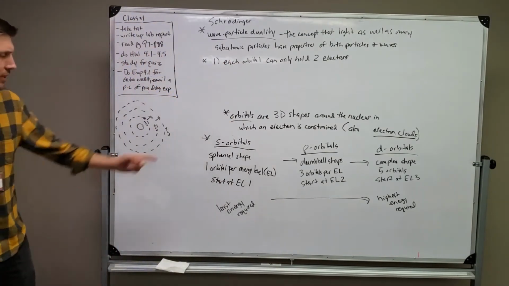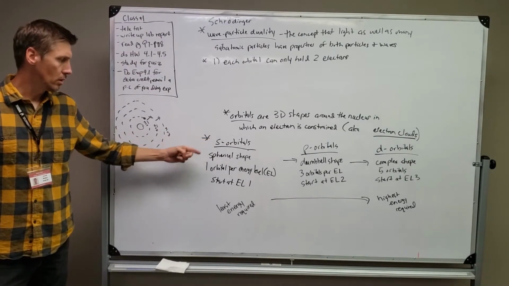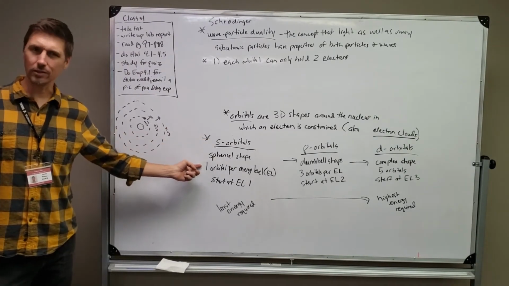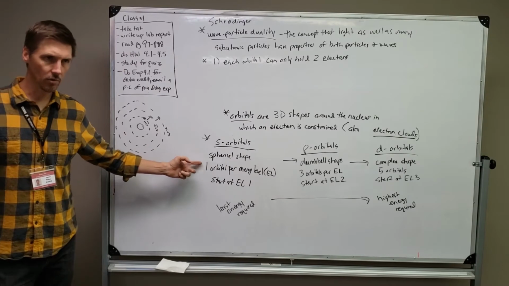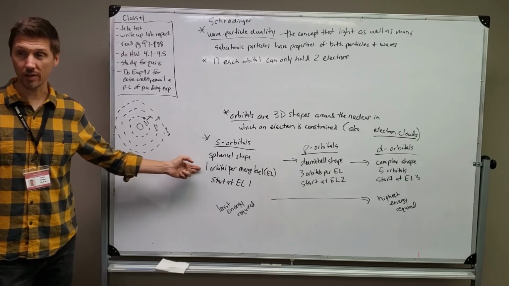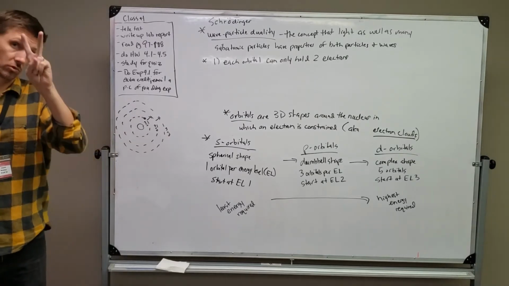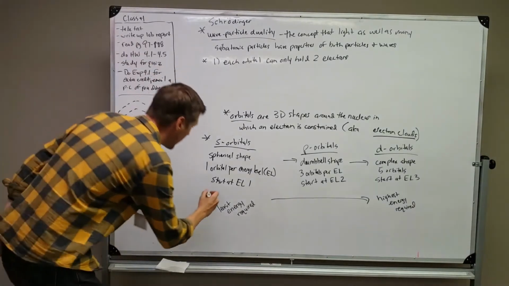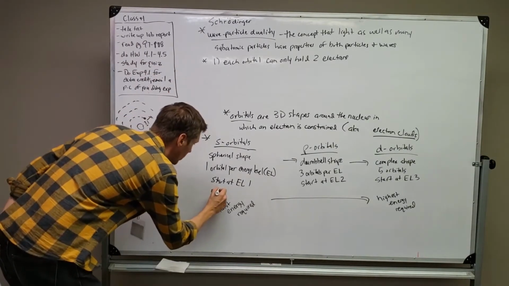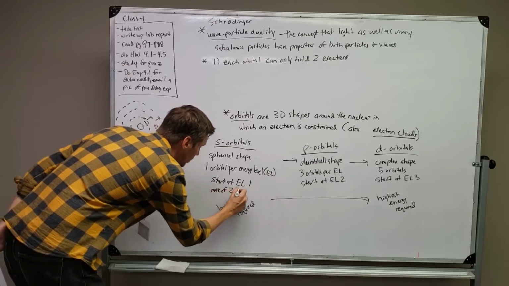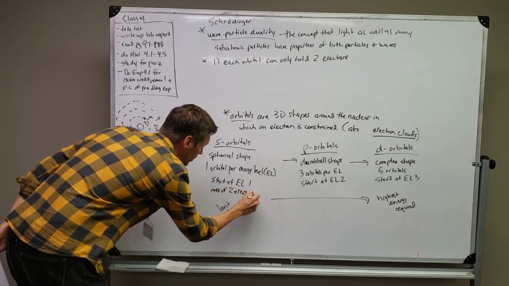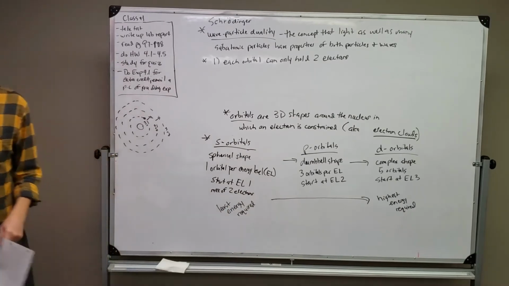If the s orbital only has 1 orbital per energy level, then what's the max number of electrons the s orbital can hold for a given energy level? It's just 2, right? So a max of 2 electrons for a given energy level.